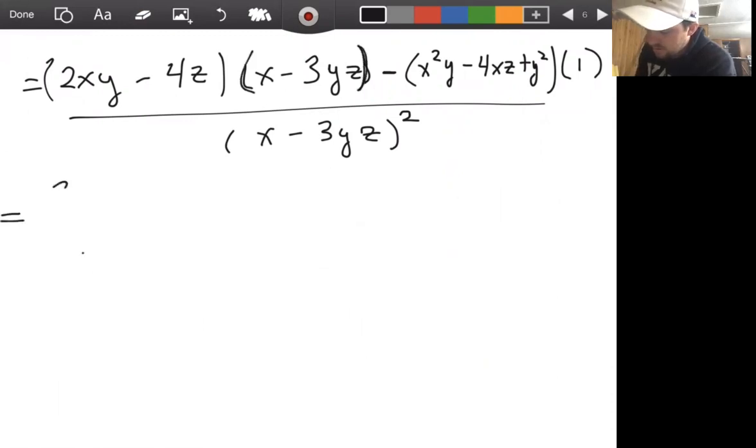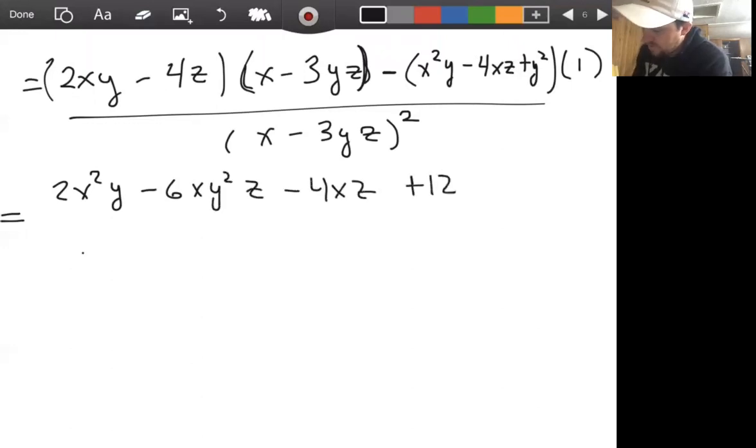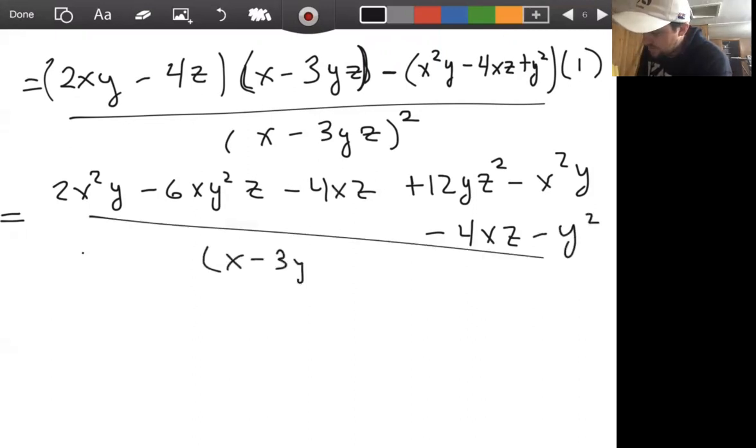So we'd get 2x squared y minus 6xy squared z minus 4xz plus 12yz squared, and then minus x squared y minus 4xz, and then minus y squared, all over (x minus 3yz) squared.